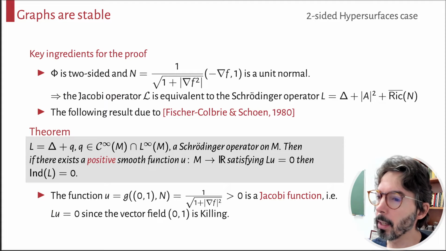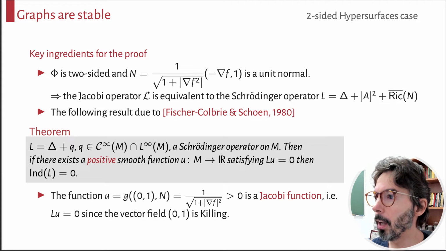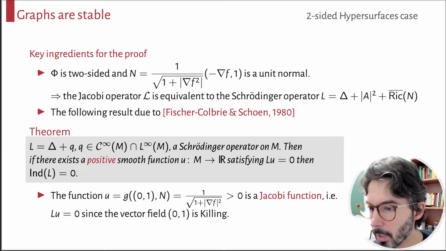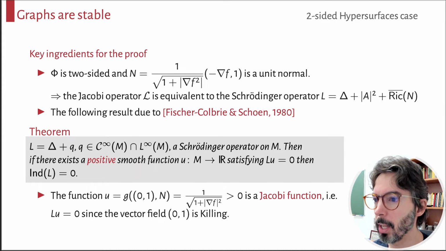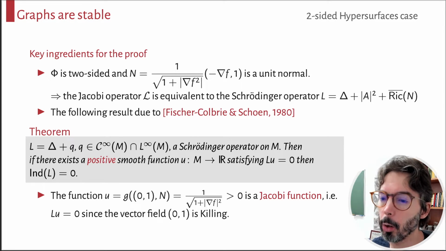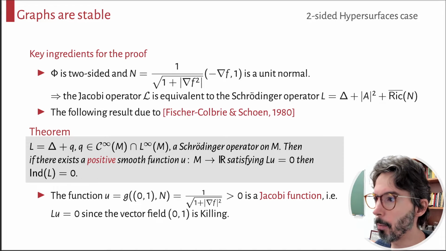The main ingredients of the proof are the following. Phi is two-sided because we can define this normal vector field n, which is given in the first line. So we can consider the Jacobi operator as a Schrödinger operator over functions over n.